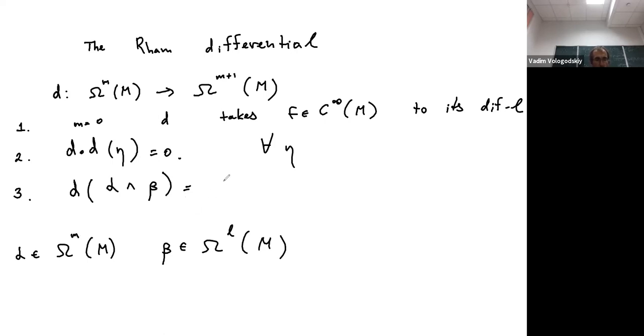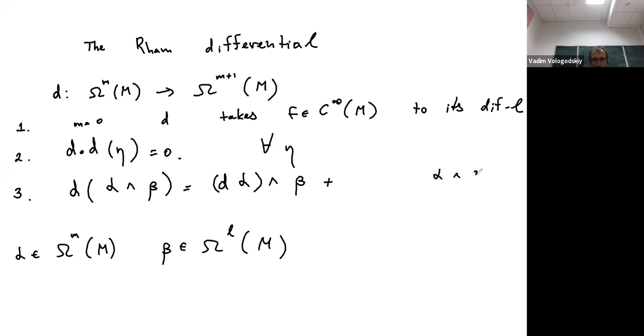So what I can do, I can take d of alpha and multiply it by beta, and then I want to write down the Leibniz formula, except that it's going to be a graded Leibniz formula.